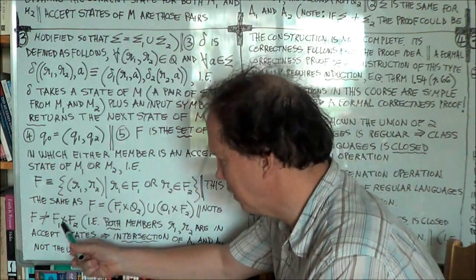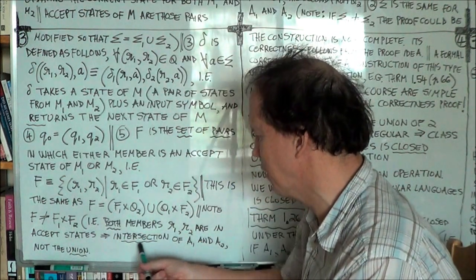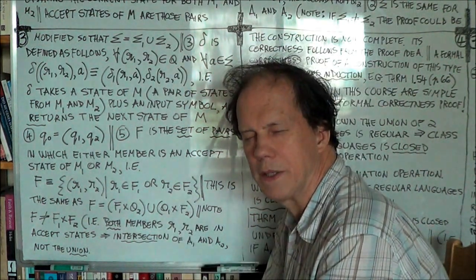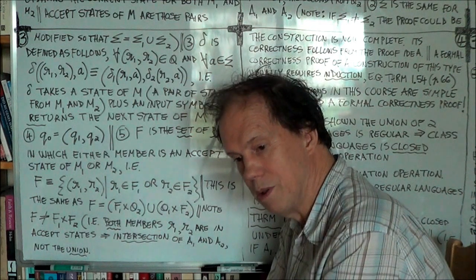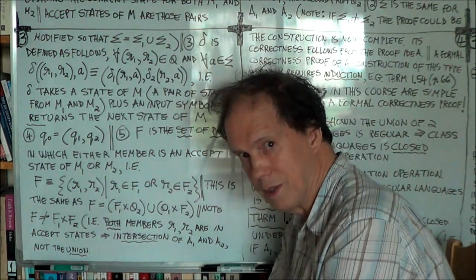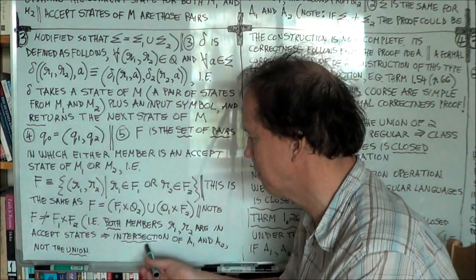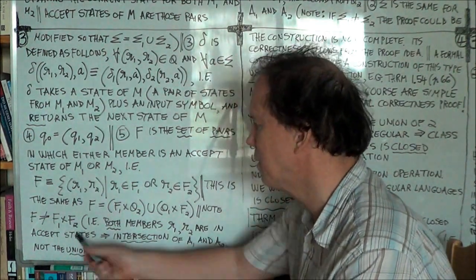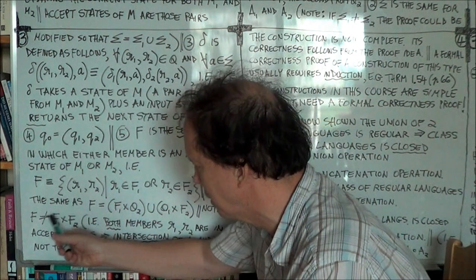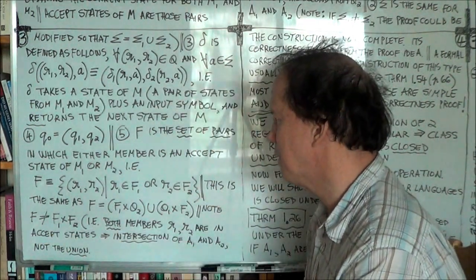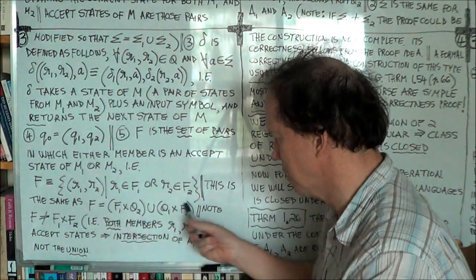In fact, if you did this, you would be giving a proof that the class of regular languages is closed under intersection. But we're not talking about intersection, we're talking about union. So this F here is not the Cartesian product. It's this or this.